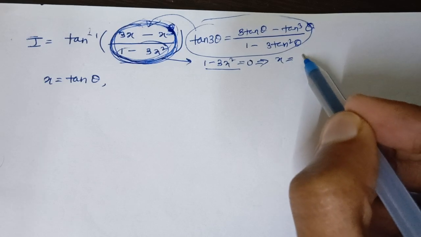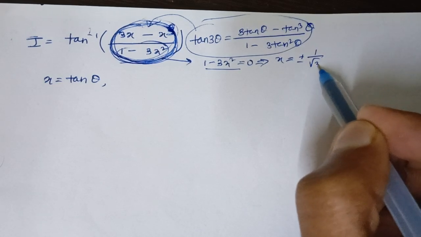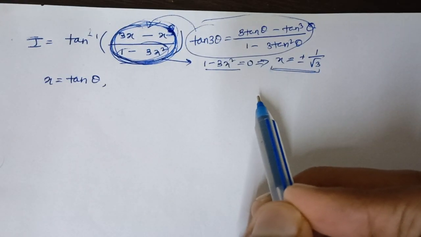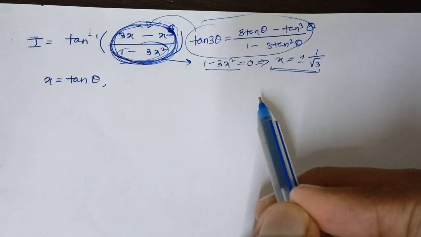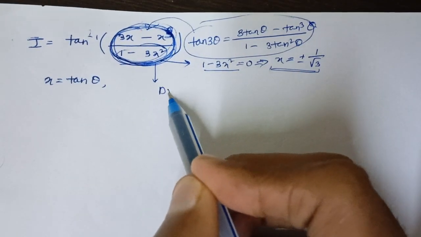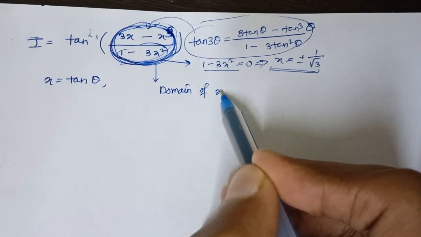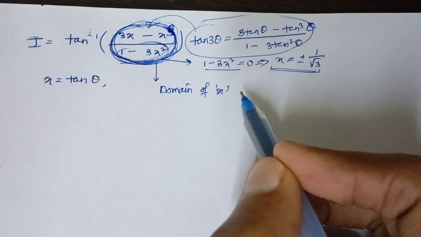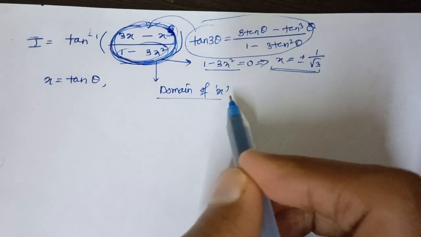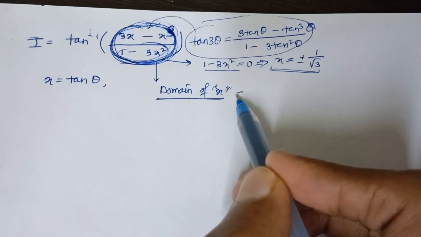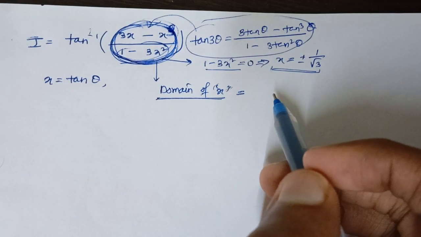Now the values I'm getting are plus minus 1 by root 3. These values of x are the values which are not in the domain. Basically the domain of I is going to be, let's write x here so that if you refer to it afterwards, you can actually see what I'm writing.